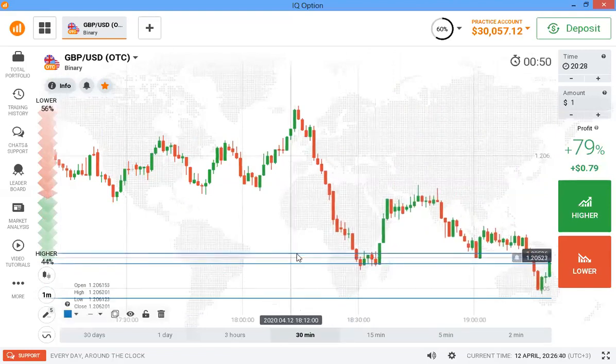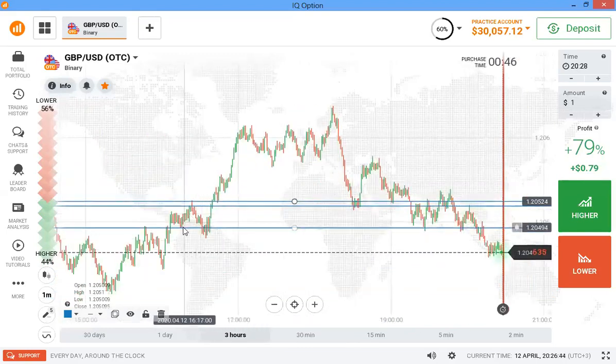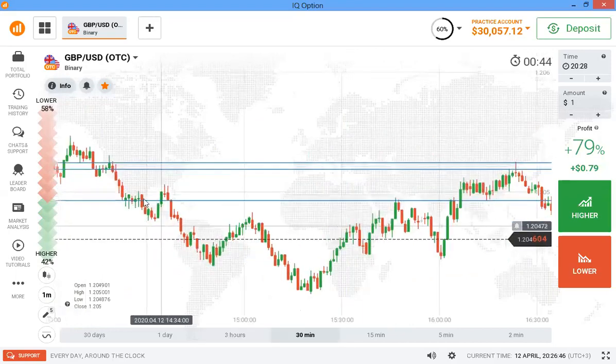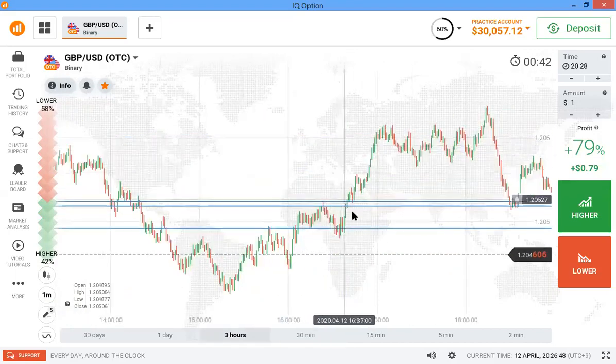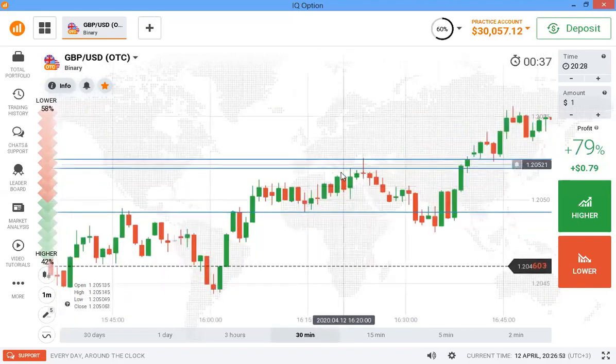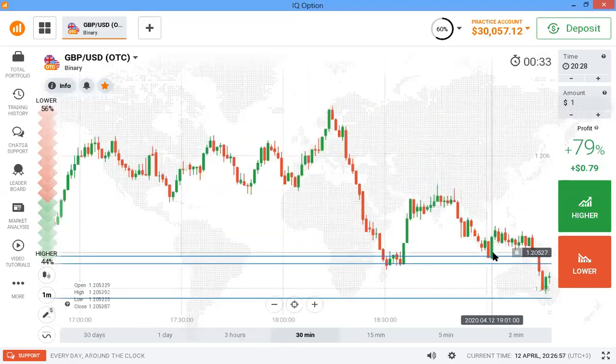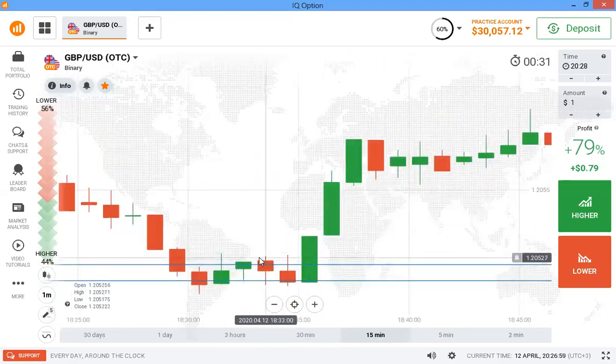That is the resistance, the support that became resistance on the same level. Support here. We can use this as well as the resistance, but I'm using this because it's very close to this. I'm using this as the resistance.